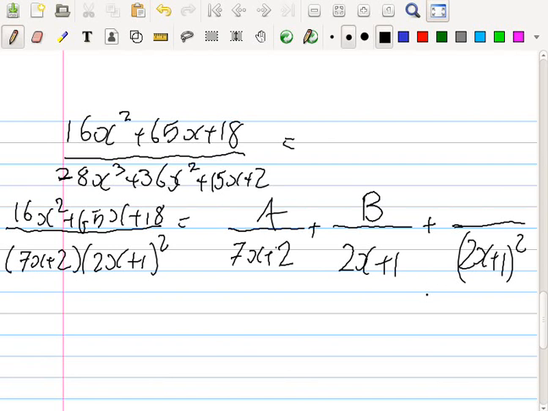But something a little different happens here. It's not actually C here. It's actually Cx plus D.